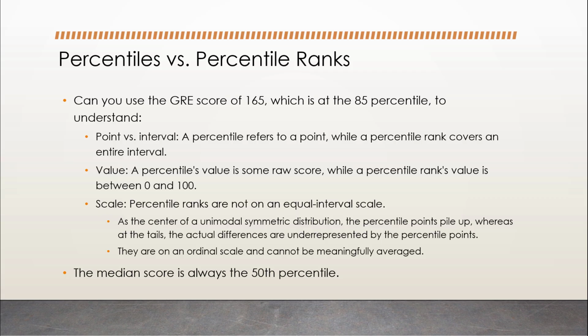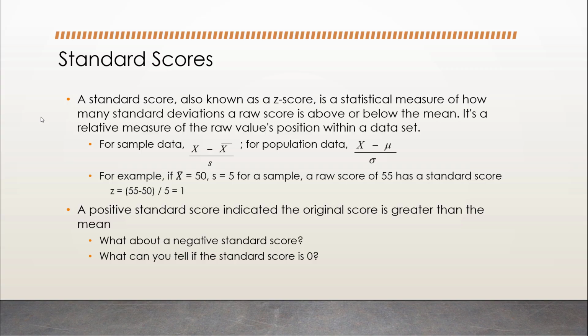But the interval between the 80th and 90th percentiles is 3 points, from 158 to 161. Because the distances are unequal, percentile ranks are ordinal and not the best tool for describing the relative standing of scores. In comparison, standard scores are the best way to interpret individual scores.